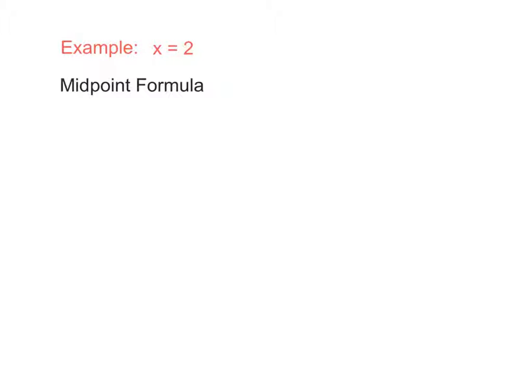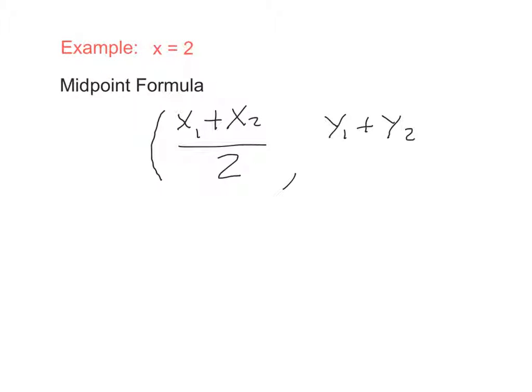The midpoint formula says that the x-coordinate of the midpoint is simply equal to x1 plus x2 over 2, and the y-coordinate of the midpoint is y1 plus y2, also over 2.